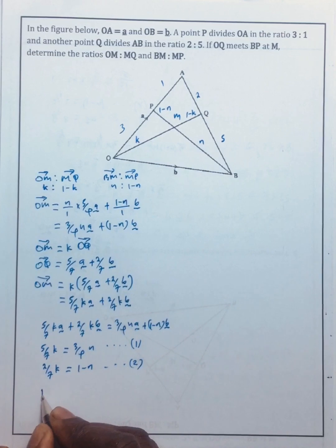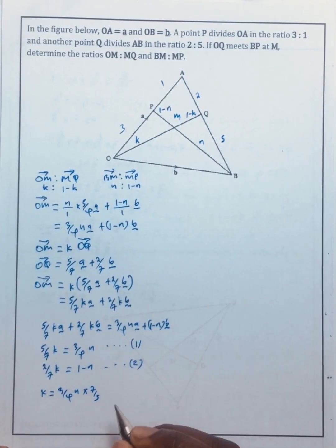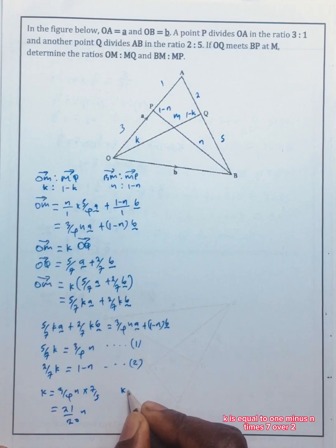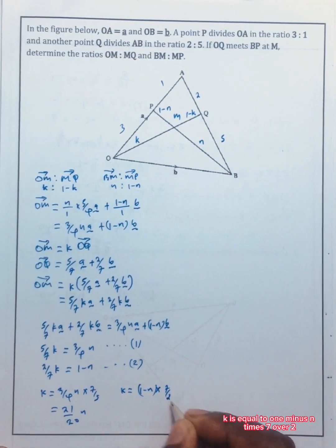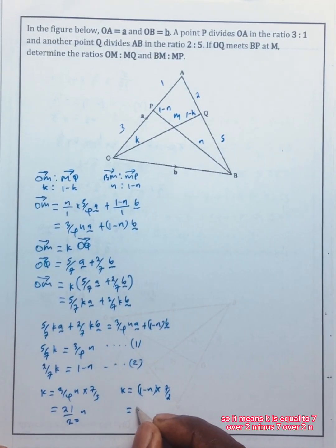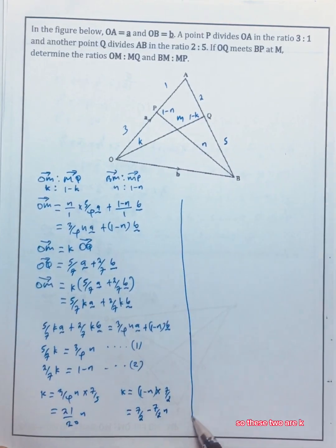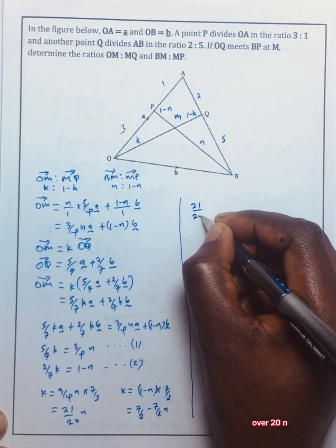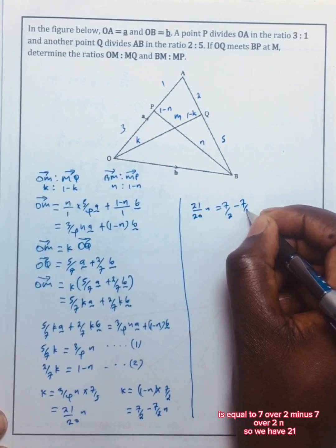From equation 1, K is equal to 3 over 4N times 7 over 5, so K is equal to 21 over 20 N. And then from equation 2, K is equal to 1 minus N times 7 over 2, so K is equal to 7 over 2 minus 7 over 2 N. These two are K, so we can equate them so that we have 21 over 20 N is equal to 7 over 2 minus 7 over 2 N.